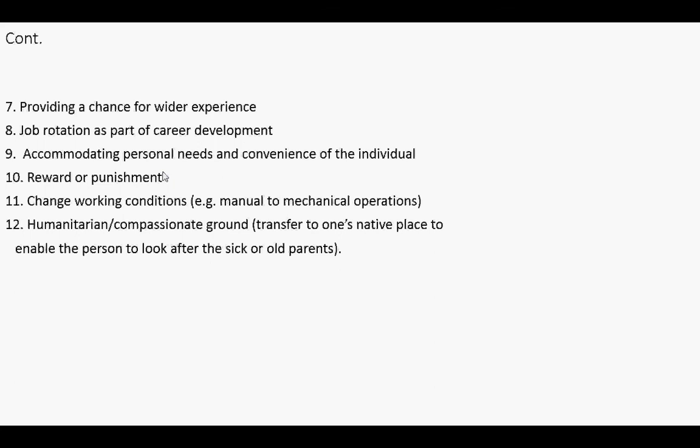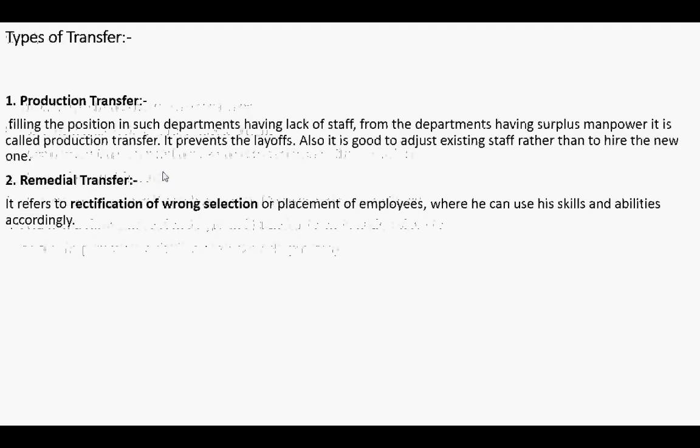Sometimes an employee is transferred from one place to their native place to look after their old parents. That is called the humanitarian basis. Transfer is undertaken. Now let's discuss the types of transfer.